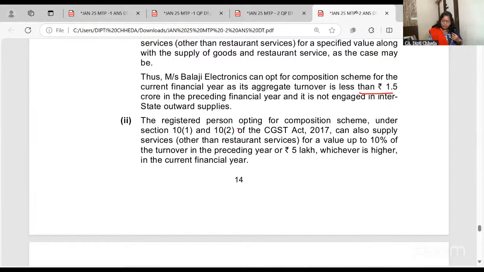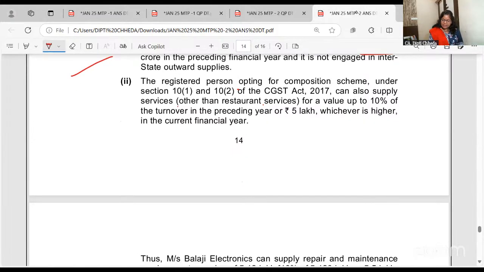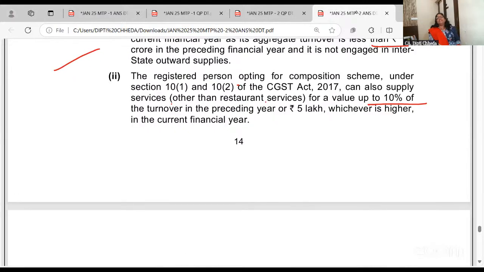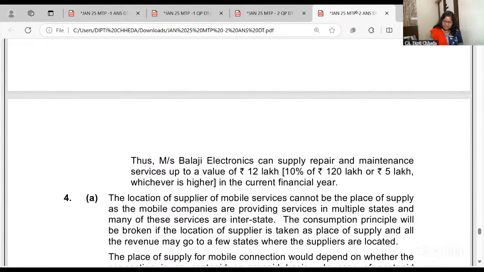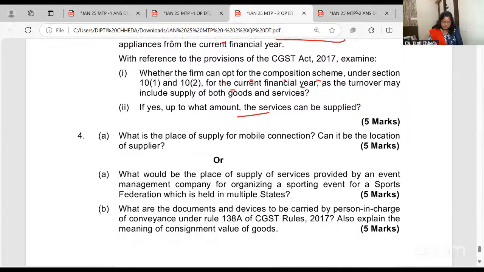But for those who want to opt for services, the services should not exceed 10% of the turnover of the preceding year or 5 lakhs, whichever is higher. ठीक है, तो 10% मतलब 12 lakh or 5 lakh, whichever is higher. So 12 lakh तक definitely they can go for.